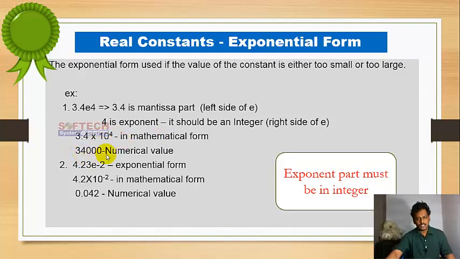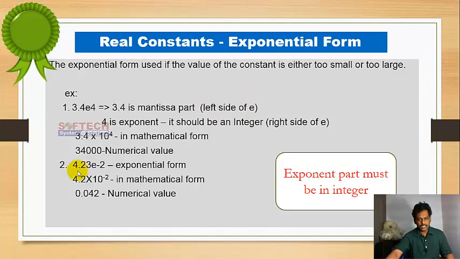The value is 34,000. This is the equivalent numerical value for 3.4 e4. Usually the exponential form is used if the value of the constant is either too small or too large. If you want to store a too small or too big value in a real constant, we use the exponential form.